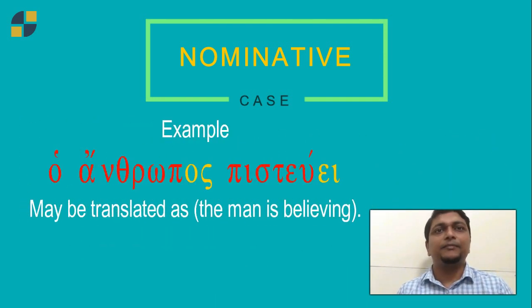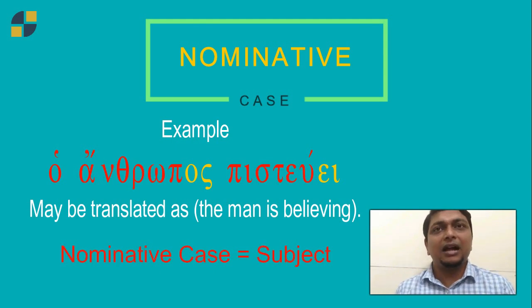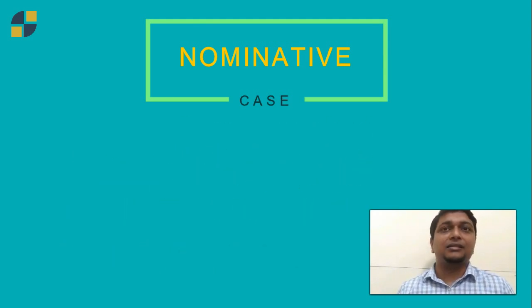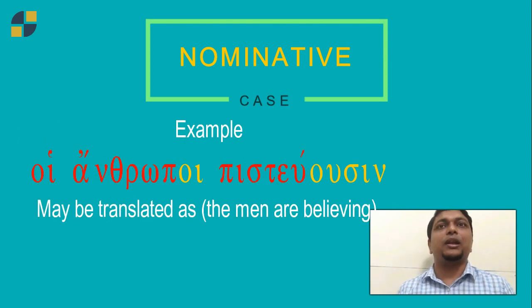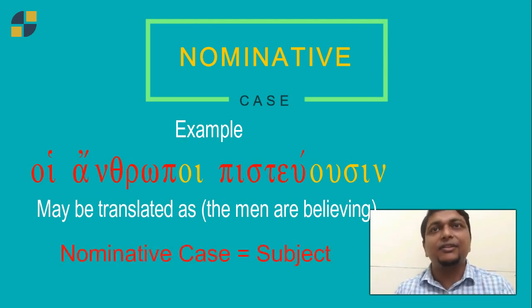For example, ho anthropos pisteuei may be translated as the man is believing. Now, the same sentence, hoi anthropoi pisteuousin, may be translated as the men are believing.